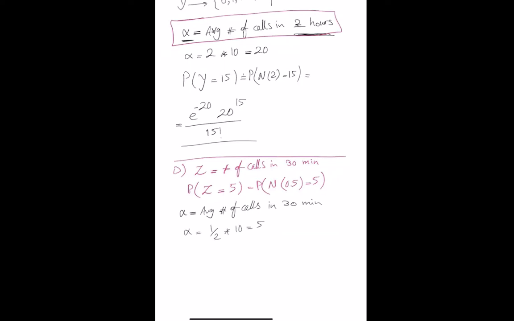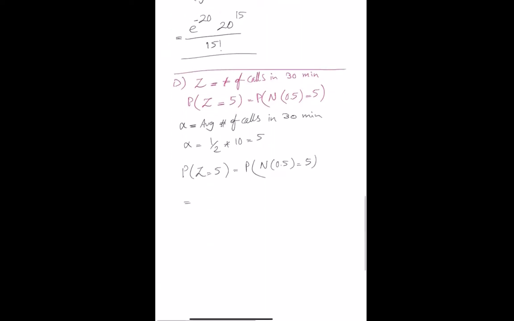So the new alpha is 5. Then the probability of Z being 5, or n of half an hour being 5, is e to the power of minus 5, 5 to the power of 5 over 5 factorial. Okay, that answers your question.